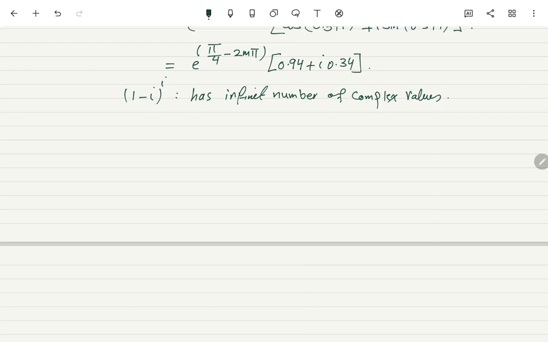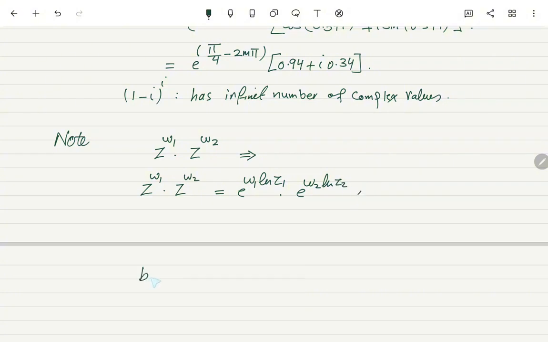One very serious note is that you have to be more careful when dealing with the product of two complex powers like z to the power omega 1 times z to the power omega 2, because z to the power omega 1 times z to the power omega 2 equal to e to omega 1 ln z1 times e to omega 2 ln z2.